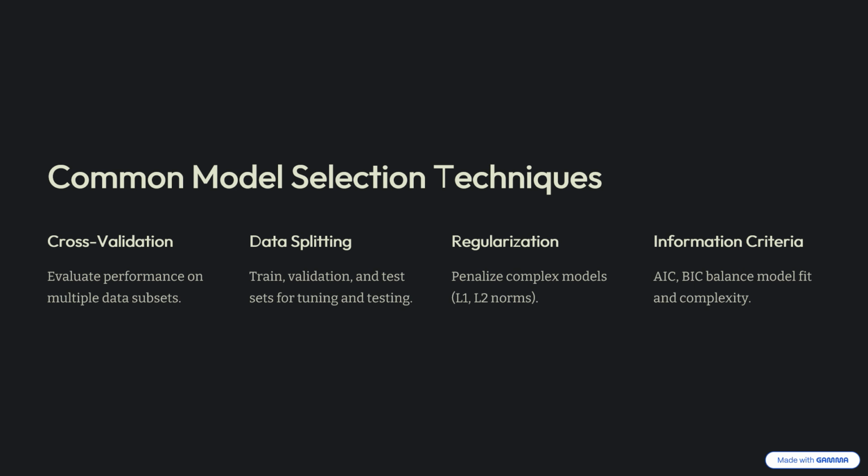Regularization adds penalties to discourage overly complex models using L1 and L2 norms. Information criteria such as AIC and BIC assess both model fit and complexity. These techniques help us make informed, data-driven decisions during model selection.